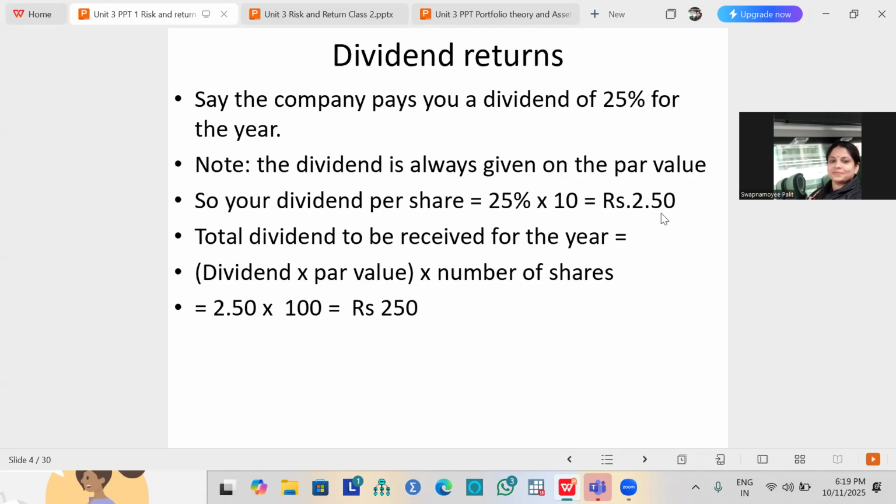If you have purchased 100 shares, your total dividend is 2.50 into 100 shares, which is 250.